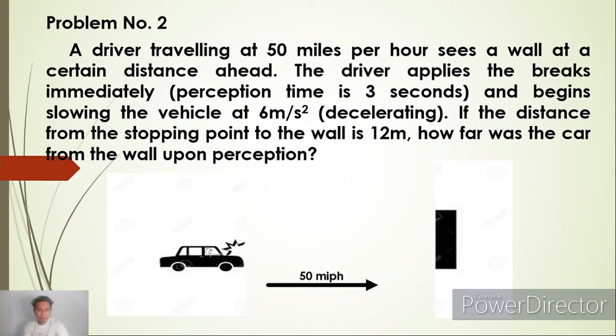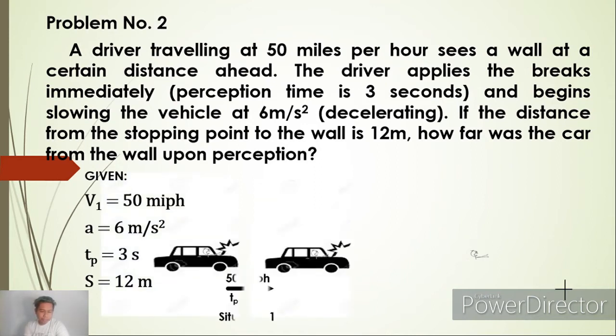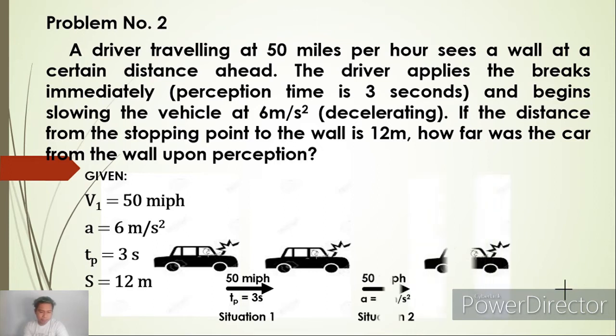So, dito sa problem number 2, meron tayong tatlong cases or tatlong situation. Wherein, first situation is the time of perception. Second situation is yung time na kung saan nag-apply na ng brake yung driver.